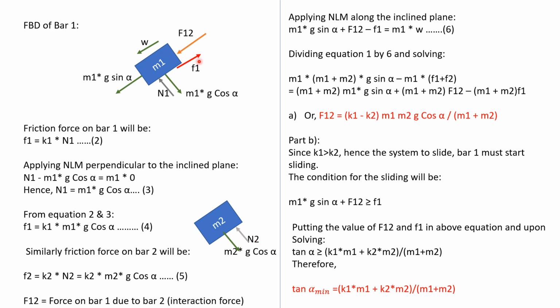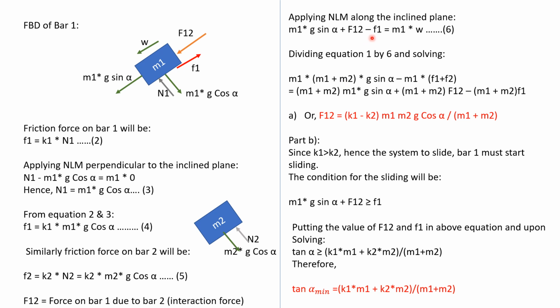Therefore the friction force on bar 2 will be K2 times N2, so K2 m2 g cos alpha. This is equation number 5. Okay, this is what has been written, so you can go through all my write-up, which is easier for understanding.